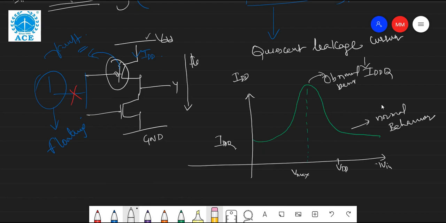A good CMOS design will never have large currents flowing.